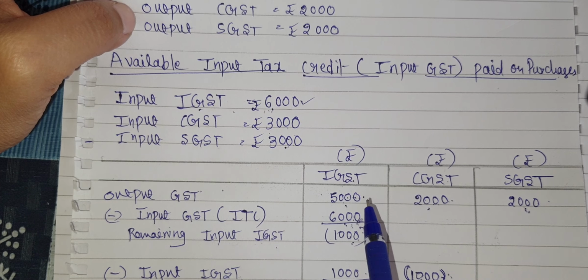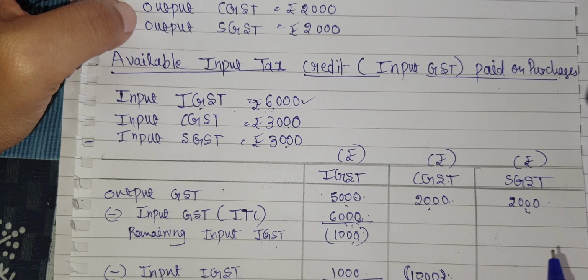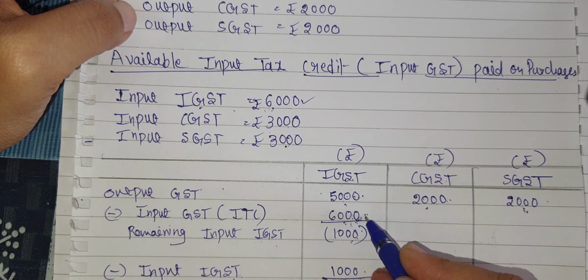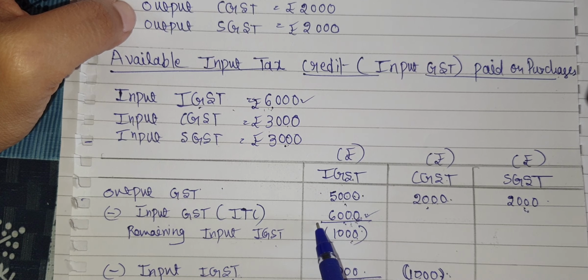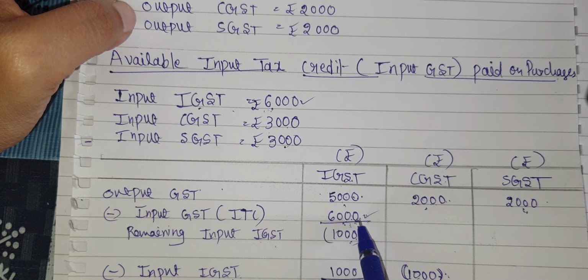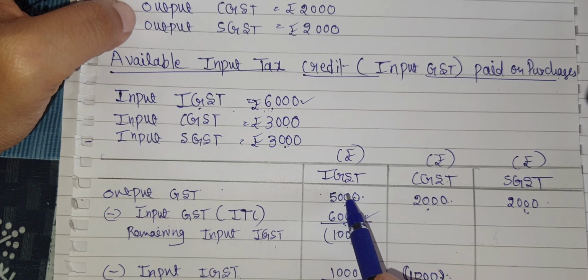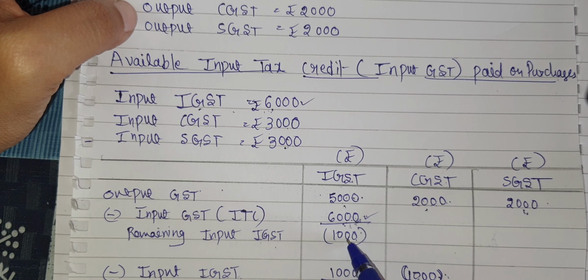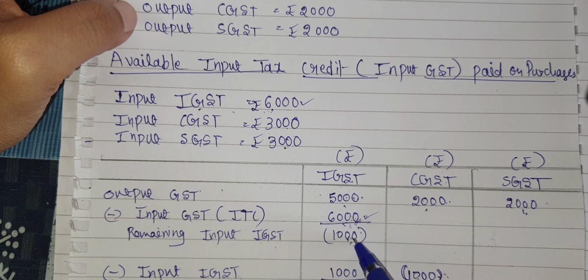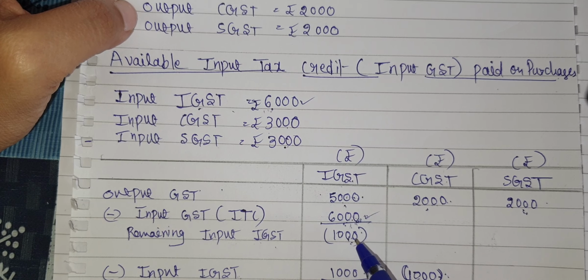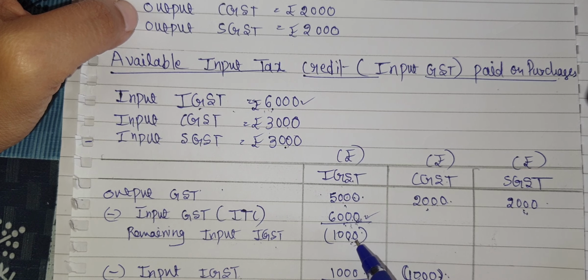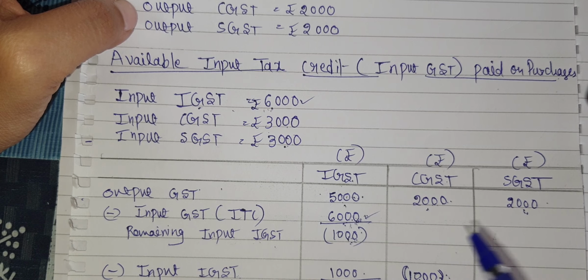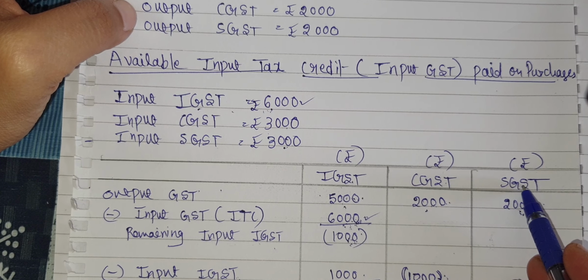Means here we need not pay any tax to the government because we have already paid rupees 6,000 on purchases, which is more than the output GST. So the remaining input tax credit under IGST is rupees 1,000. Here we can utilize this remaining input IGST against CGST and SGST.